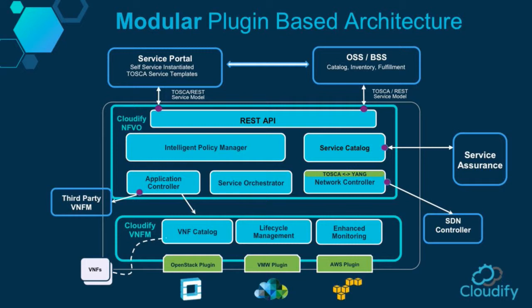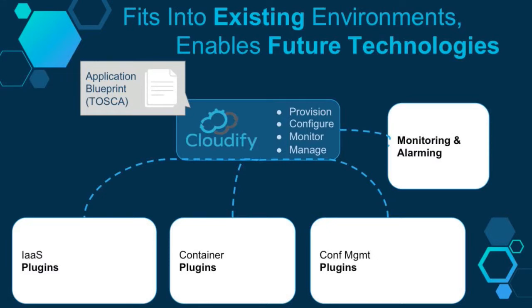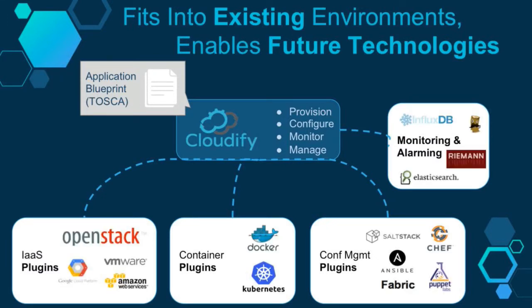Integration with different service assurance tools, different monitoring environments, and so on are made possible with the specific architecture. And perhaps an easier way to view it is this. You can get the core orchestration capabilities from Cloudify as a product, but then whenever you need to work with a new technology, this is something that's enabled via those plugins.